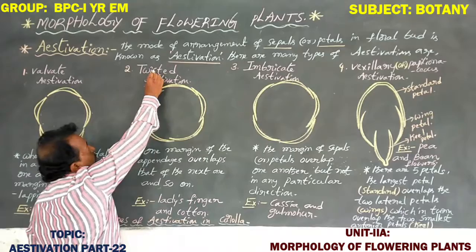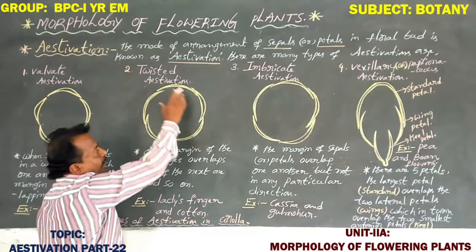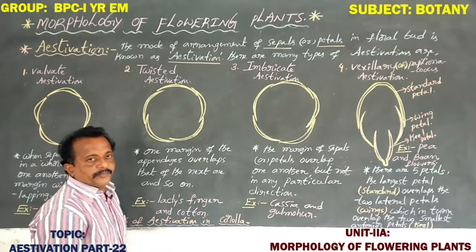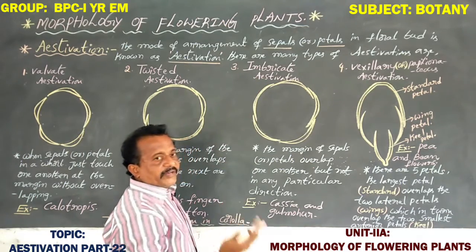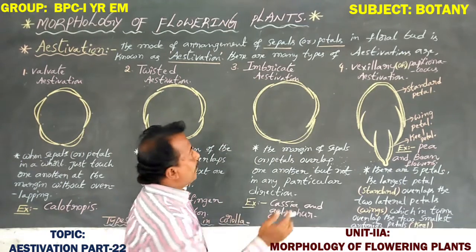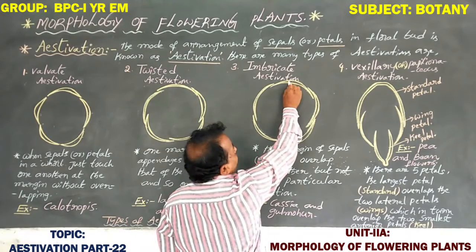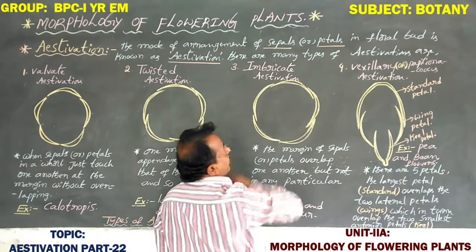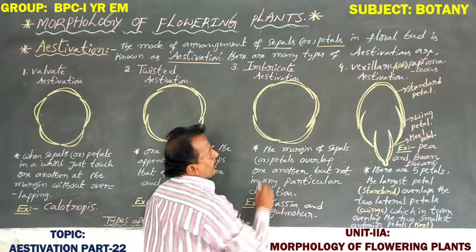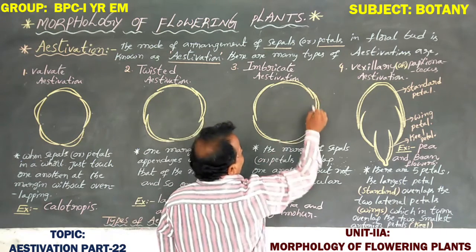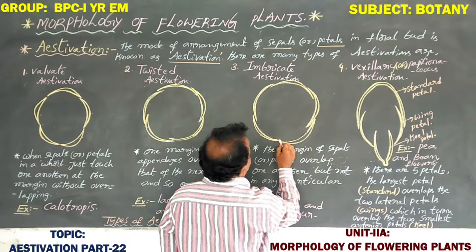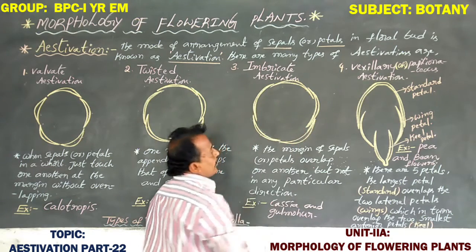In the second estivation, twisted estivation, the 5 petals overlap one another. In the third estivation, imbricate estivation, the first petal is totally inner, the third totally outer, and the remaining petals overlapping.